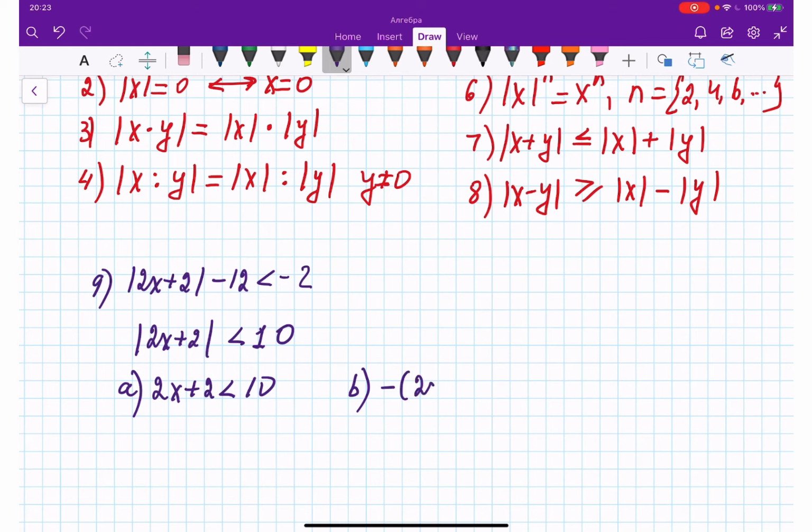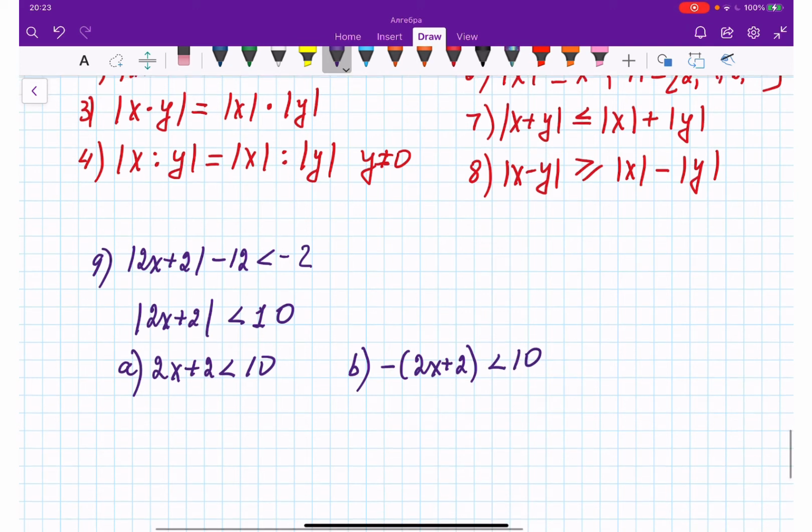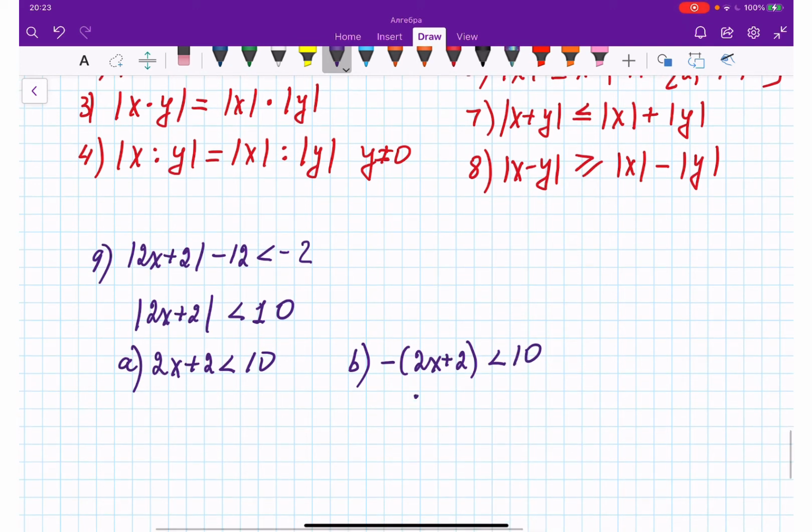So from here, 2x plus 2 less than 10, this is version A. And version B: negative 2x plus 2 less than 10. We divide by -1 to get rid of the negative, and that flips the sign, so we have 2x plus 2 greater than -10.